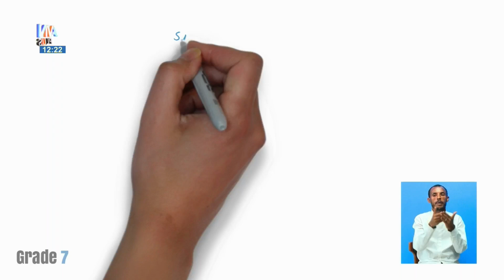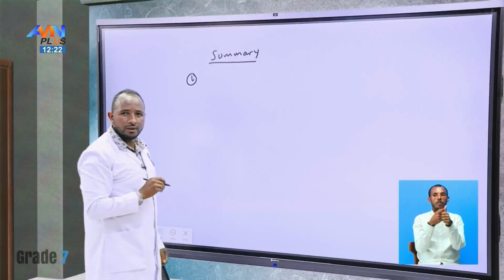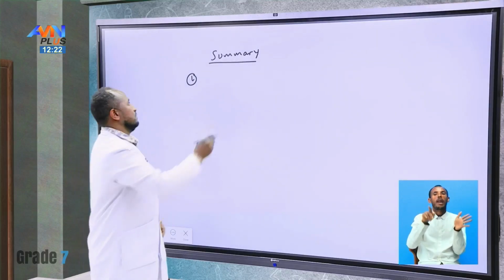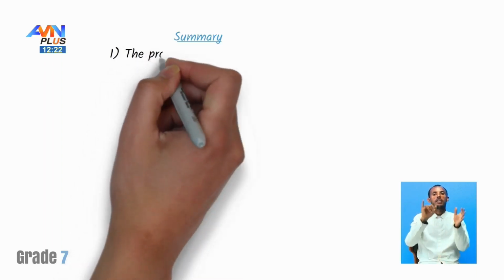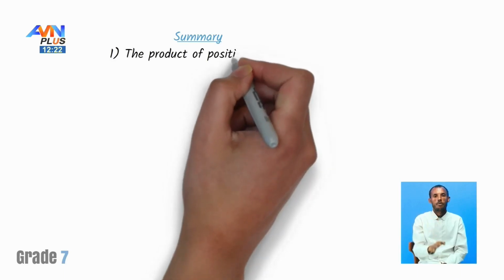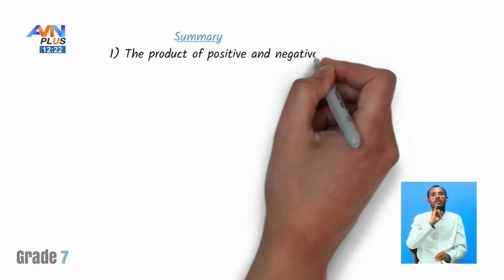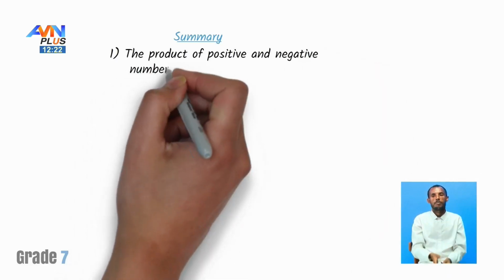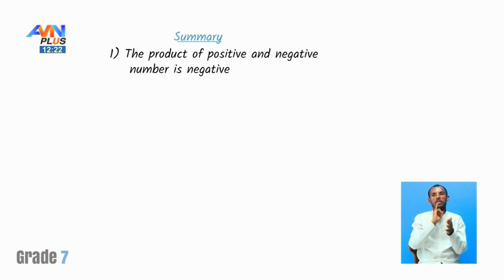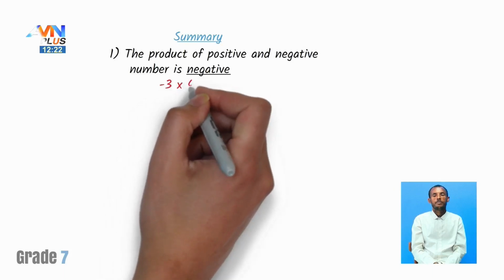Summary. 1. The product of positive and negative number or integer is negative.